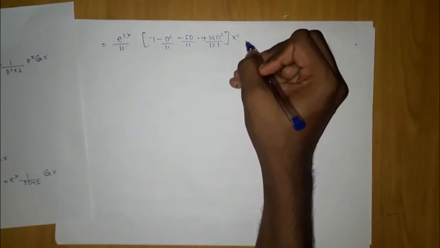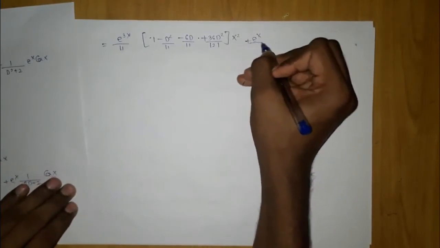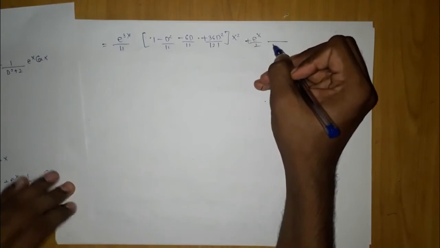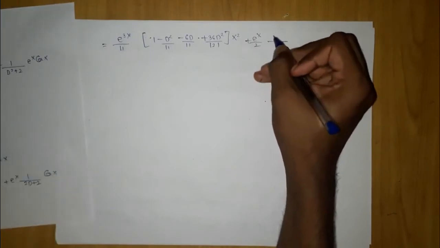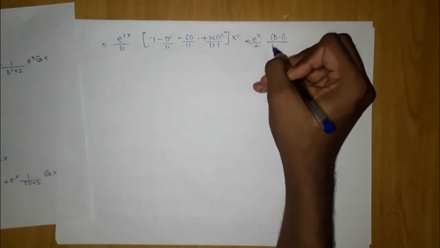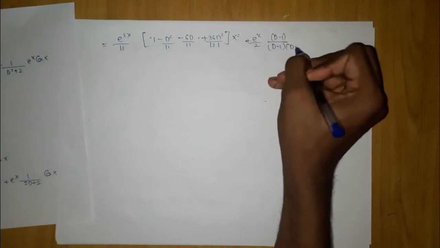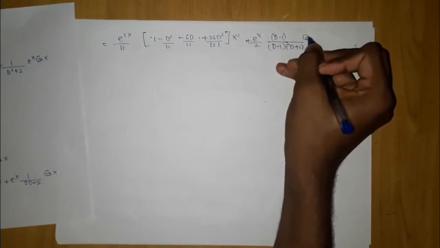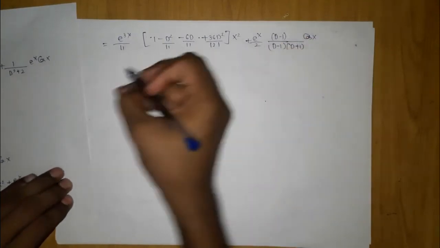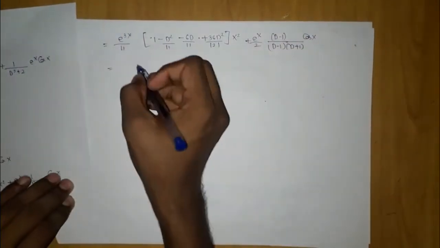After this, we will take the 2 outside, so it will become e to the power x by 2, and since we took 2 outside, d plus 1 will be created here. We will multiply in the numerator by d minus 1, and here it will become d minus 1 and d plus 1. One step I have done fast so that you can understand, because we have completed type 3.